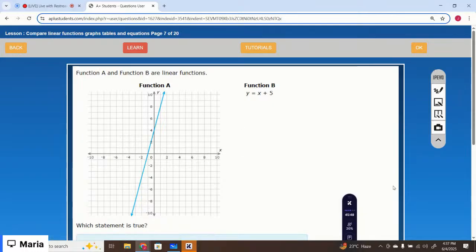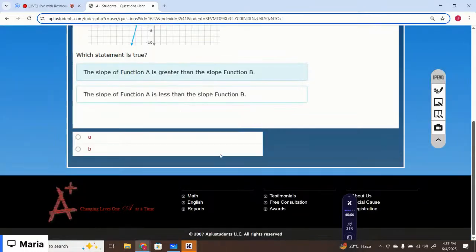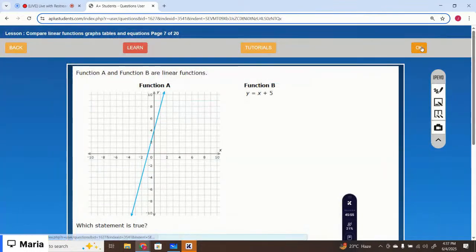The slope of function A is greater than the slope of function B. Option A is the correct option.